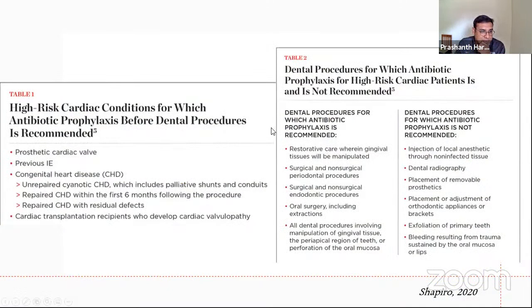The most common condition where we prescribe antibiotics is in our cardiac patients.